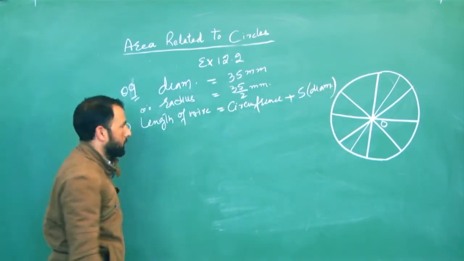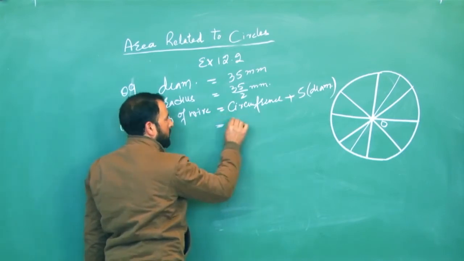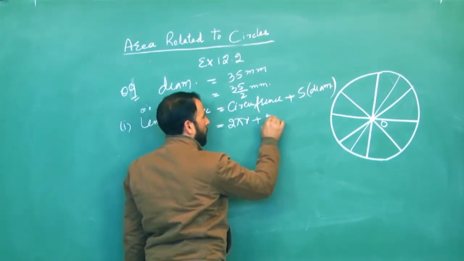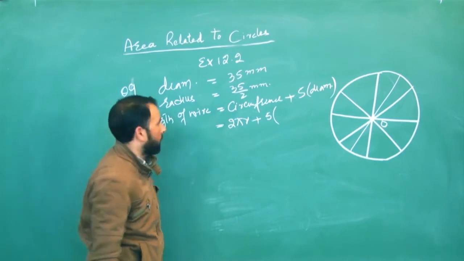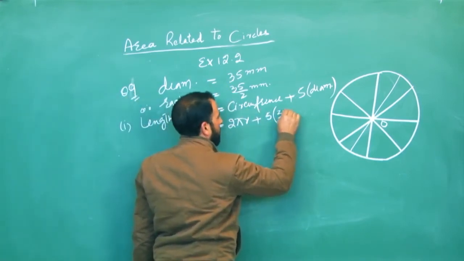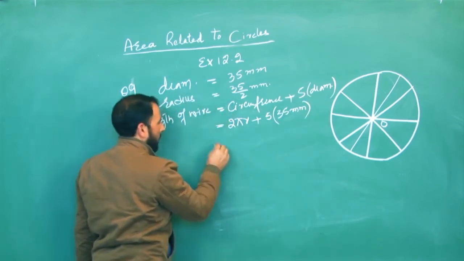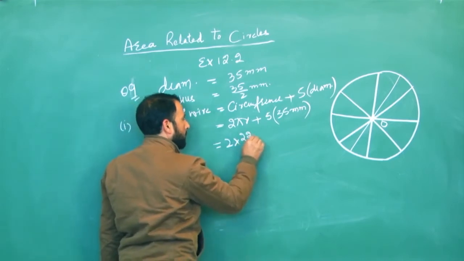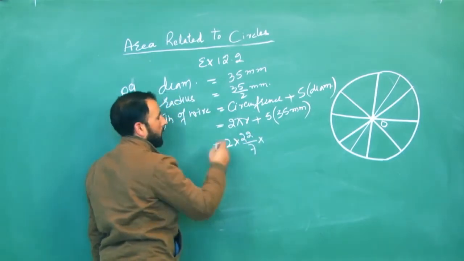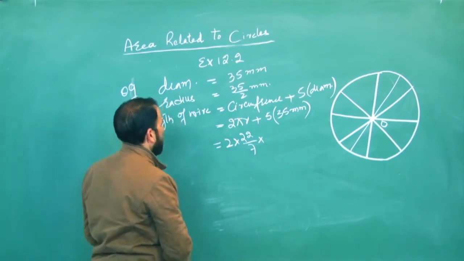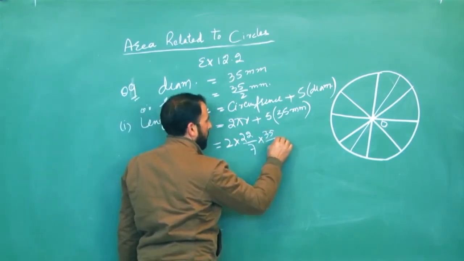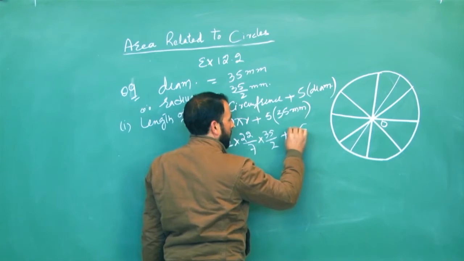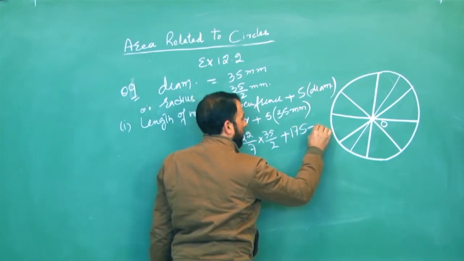So the circumference of a circular brooch is 2 pi r plus 5 into diameter. What is the length of a diameter? It is given 35 mm. So here it is 2 into 22 by 7, value of pi, into r, that is 35 divided by 2 mm, plus 5 into 35, which is 175 mm.